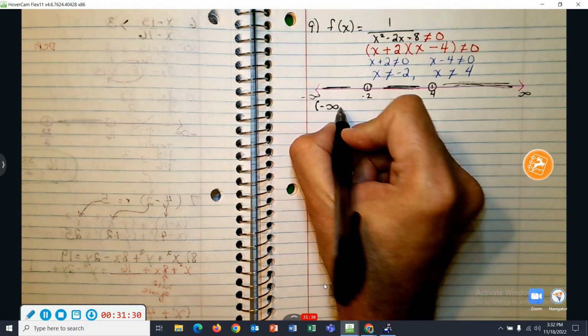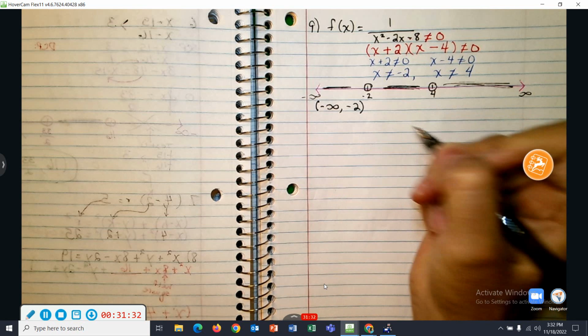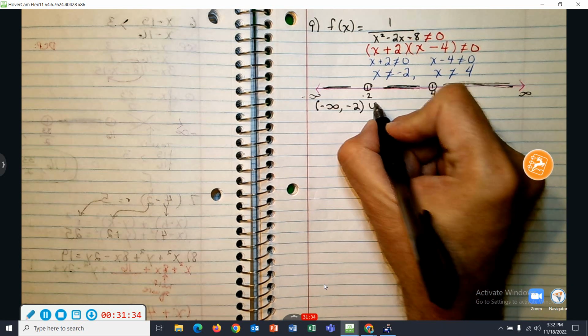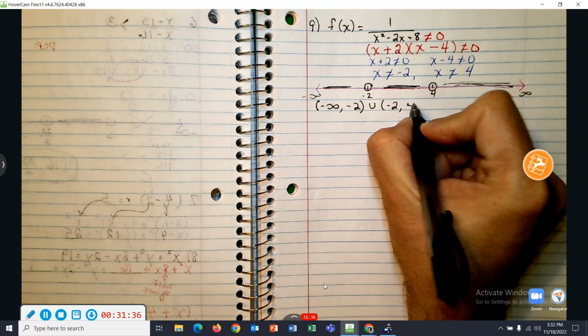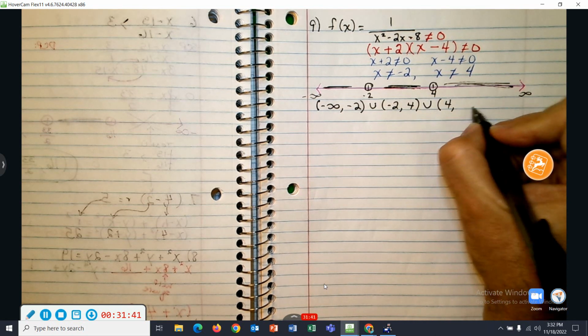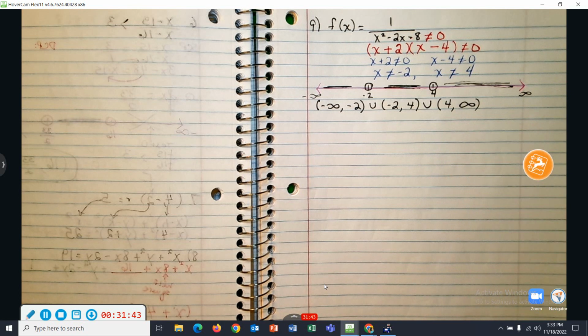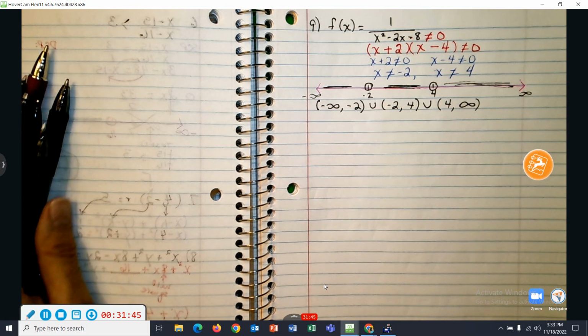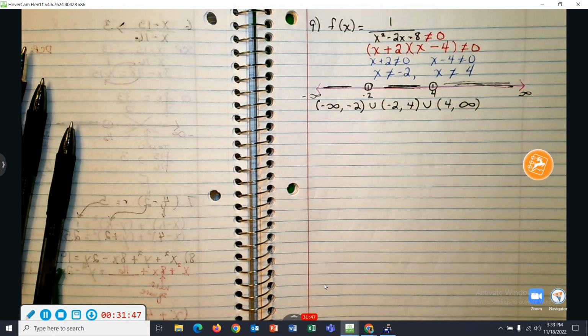Parentheses, -infinity, comma, -2, parentheses, union, parentheses, -2 to 4, parentheses, 4 to infinity. That's just a fancy way of saying all numbers except -2 and +4.